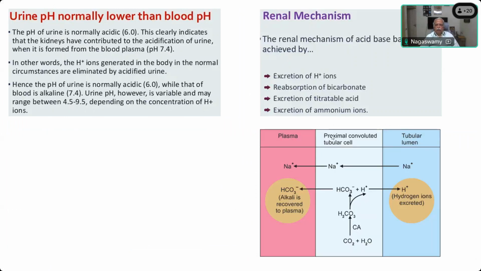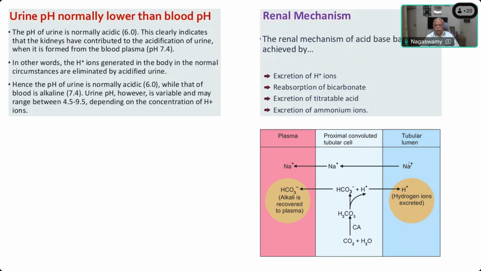So if you see in the proximal convoluted tubule, this is the proximal convoluted tubule cell where carbon dioxide and water combine to form carbonic acid, which breaks down into bicarbonate and hydrogen ion. Bicarbonate is reabsorbed back into the plasma, and hydrogen ion is eliminated into the tubular lumen along with the filtered fluid.